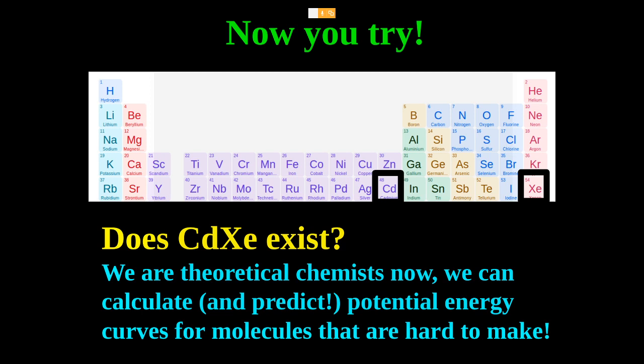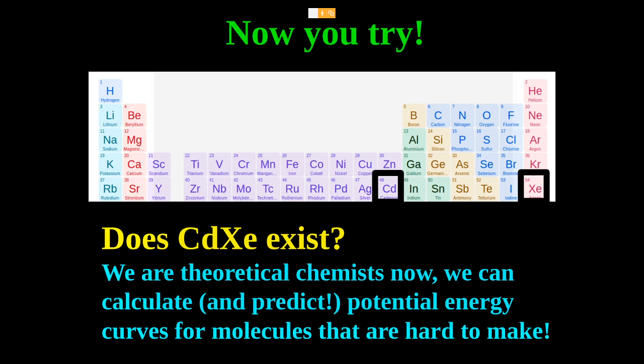So van der Waals interactions still exist. So you have physical forces rather than chemical interactions. But basically, cadmium xenon, any two atoms, as theoretical chemists we can calculate the potential energy curve for any two atoms. It doesn't matter whether or not it's been created in the lab so far.